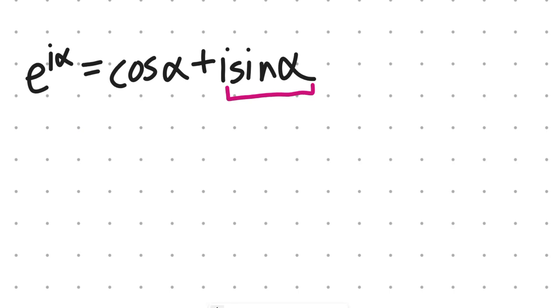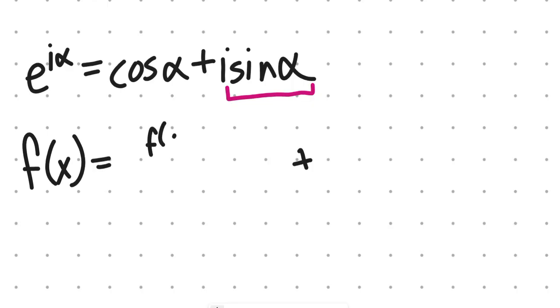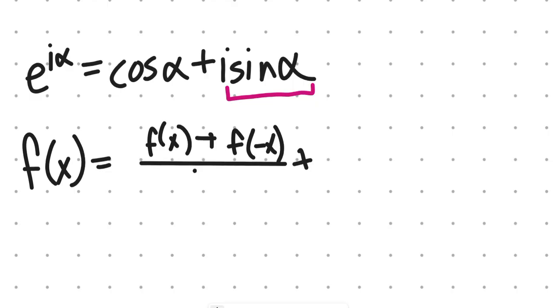We can always define a function f of x as the sum of two different functions. The first is the even function, where f of x is equal to f of minus x. If we add f of x and f of minus x, we technically have 2 f of x, so if we divide both sides by 2, we have the even function.